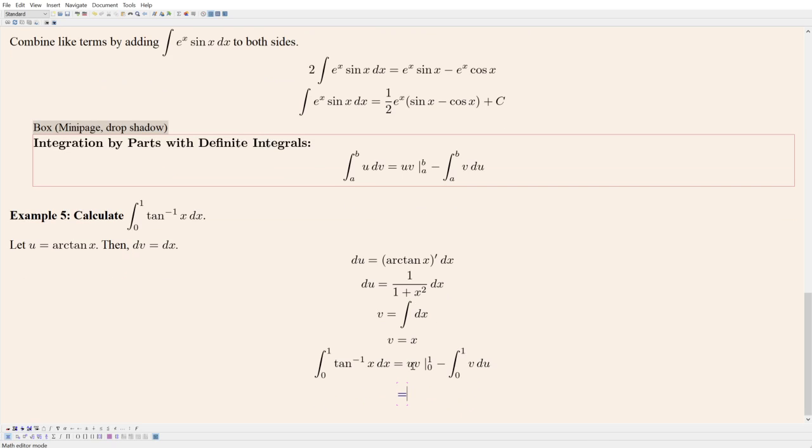So let's see. u is arctan, v is x, minus integral, and this is evaluated between 0 and 1, minus the integral of v is x, du is 1 over 1 plus x squared dx.